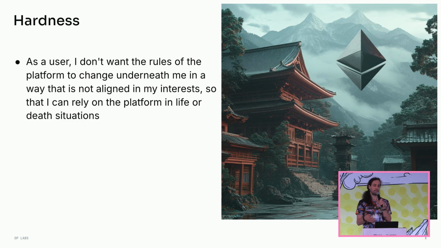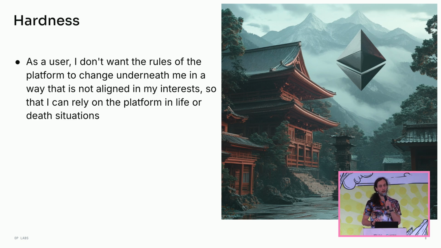Okay, next user story. We're going to talk about hardness. As a user, I don't want the rules of the platform to change underneath me in a way that is not aligned with my interests, so that I can rely on the platform in life or death situations. This is one of the promises of the whole crypto and Web3 movement, that there are these existing platforms that can just change the rules arbitrarily, and you don't really have any say in it.